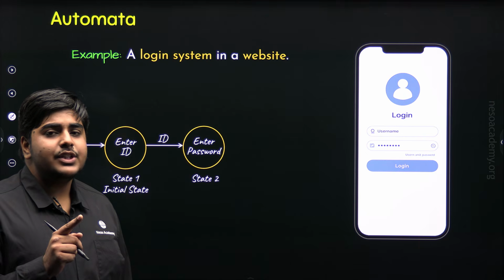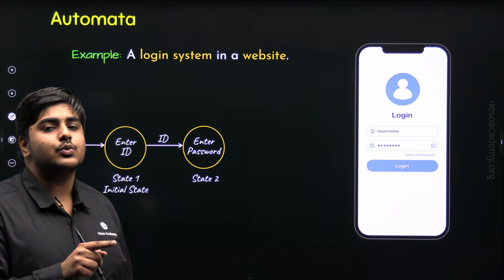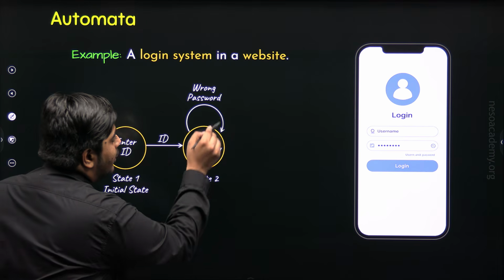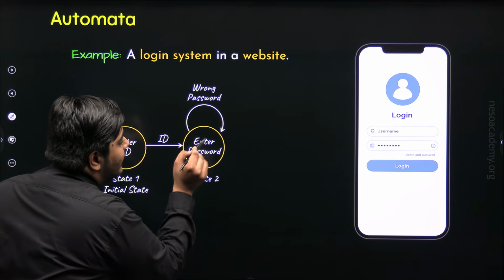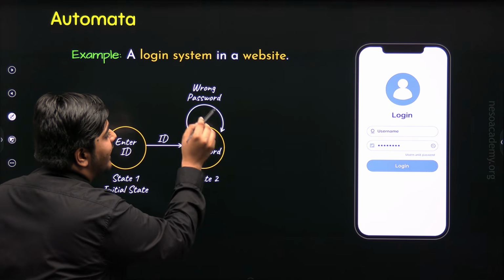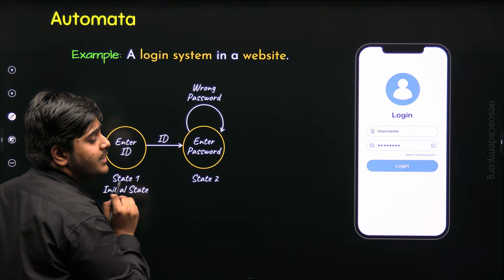But if the user enters the wrong password, he will again be asked to enter the password by the login system. Let's see. If the user enters the wrong password, he will remain at the same state, that is enter password. And when the user will enter the wrong password again, he will again remain in the same state.